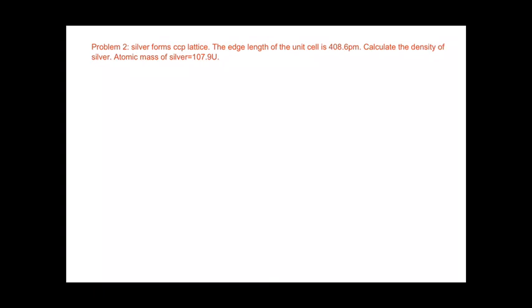Now let us take a look at the information given here. Silver forms CCP lattice. CCP lattice has FCC unit cell. So what about Z? Z will be equal to 4. The edge length of the unit cell is 408.6 picometer, that is, a is equal to 408.6 picometer. Calculate the density of silver.